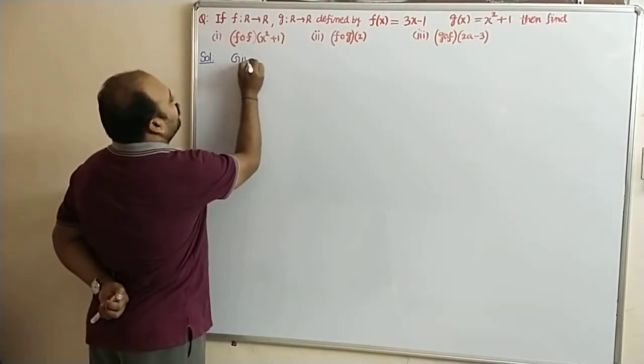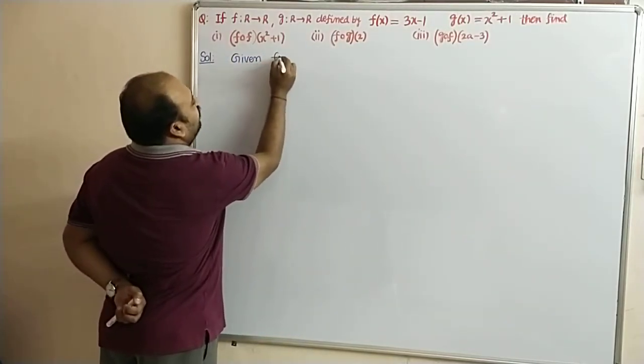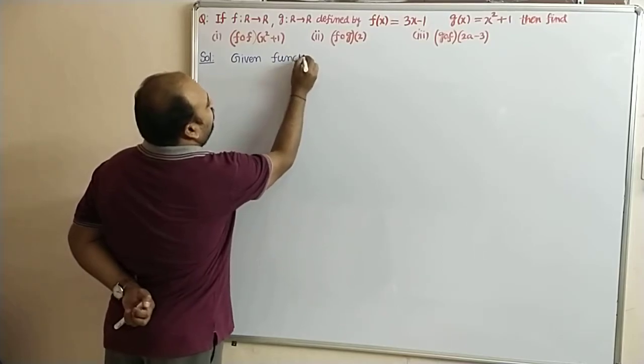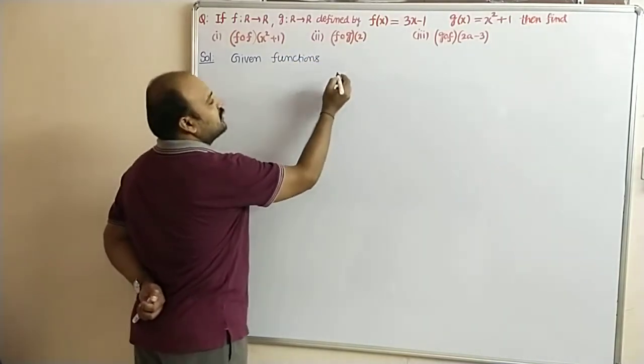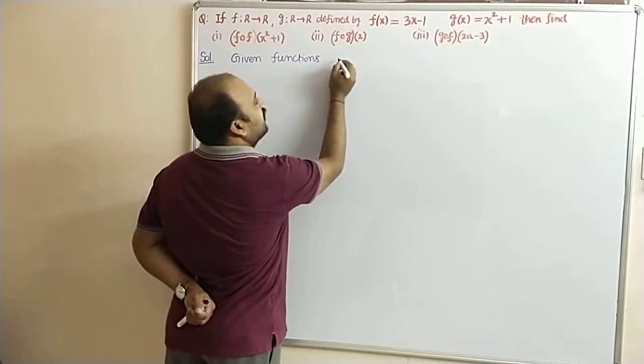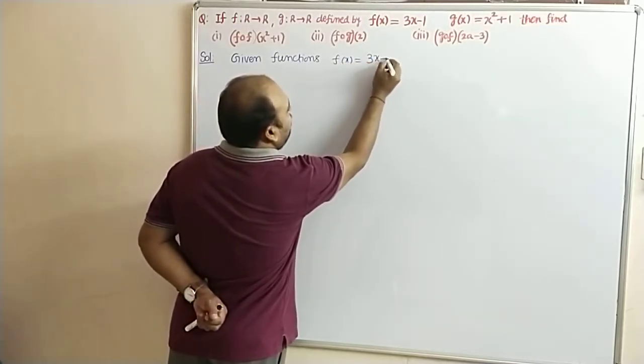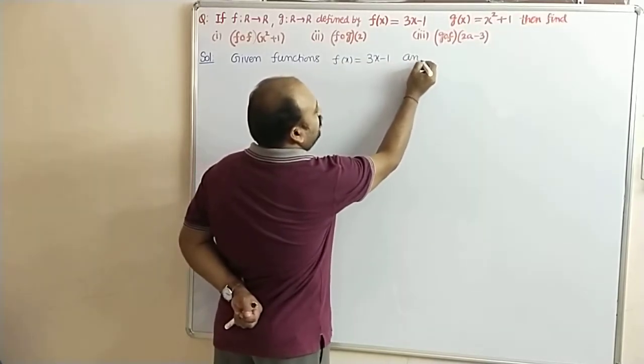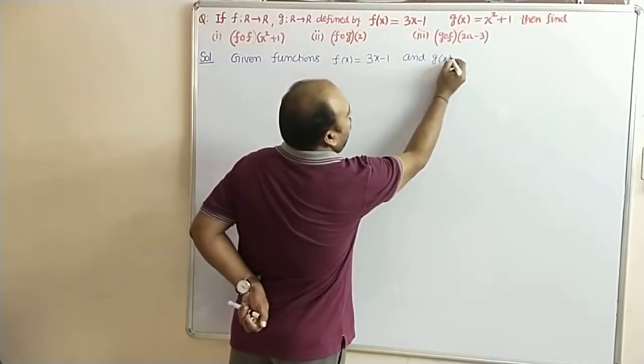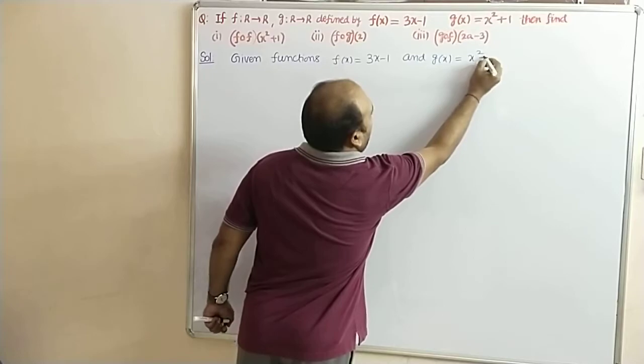Given functions, f is defined from R to R and g is defined from R to R, f of x equal to 3x minus 1 and g of x equal to x square plus 1.